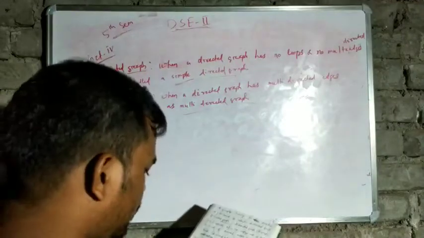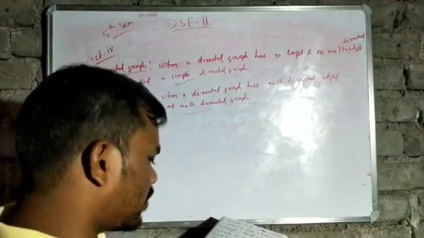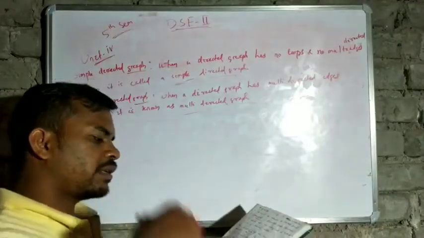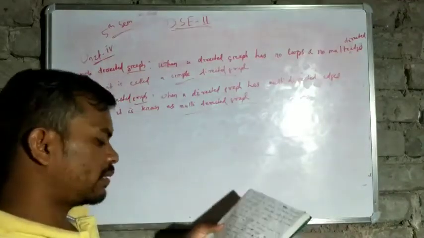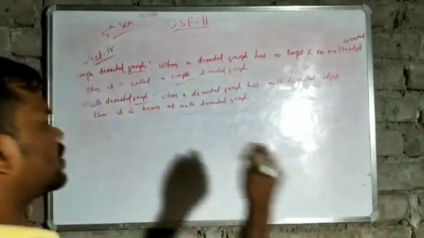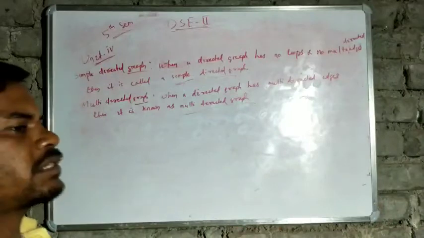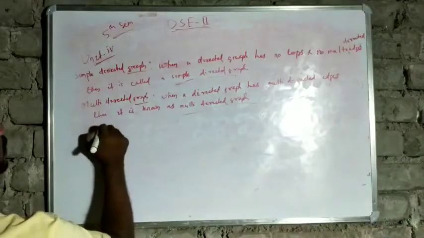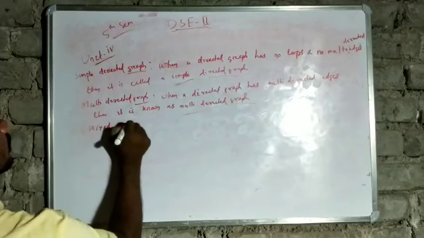Okay, we studied what is a directed graph, simple directed, multi-directed. Then there is some graph known as a mixed graph. That means a graph with some of its edges directed and some of its edges undirected, then that is a mixed graph. So what is a mixed graph?